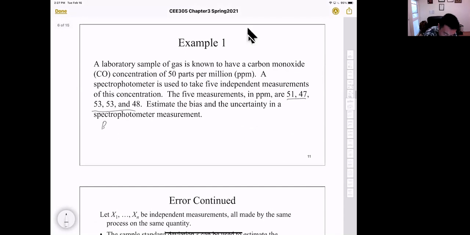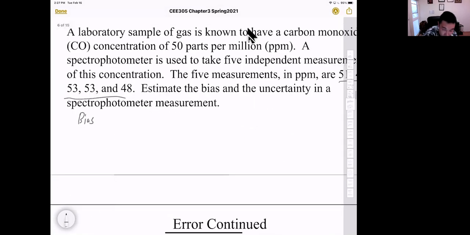Okay, so the bias is the difference between mean value and true value. The true value is known, 50, given to us. The mean value, we can easily calculate that. So first part, the bias. Bias is mean value minus true value. The mean value, just take the average of these 5 measurements. It turned out to be 50.4, minus the true value 50.